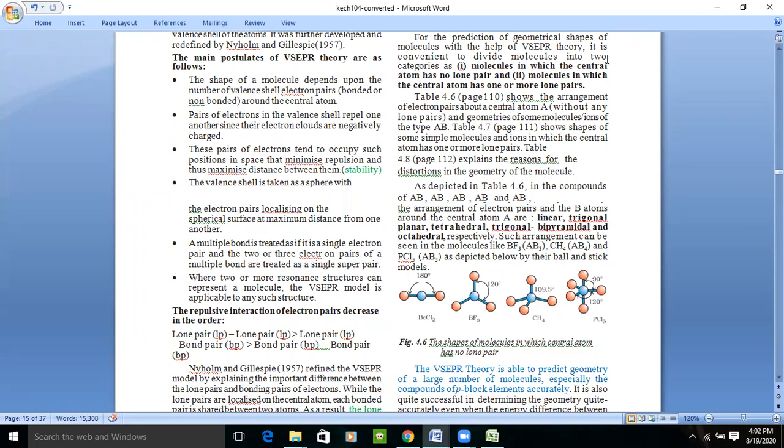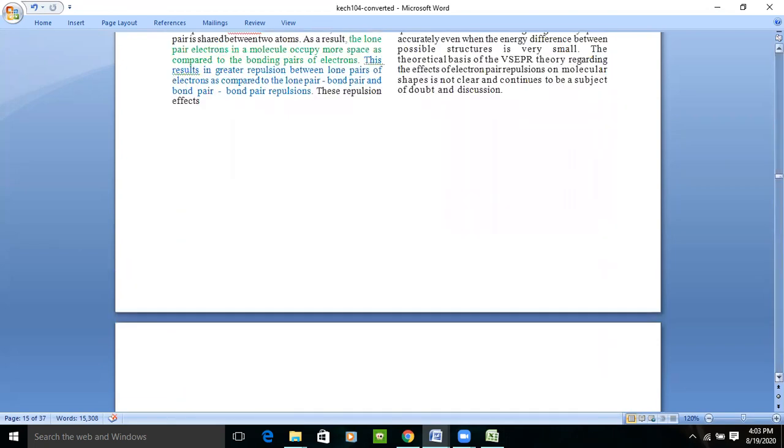Fourth, multiple bonds are treated as if they were a single electron pair, so two or three electron pairs of a multiple bond are treated as a single pair. Regarding repulsion, maximum repulsion is between lone pair and lone pair, less repulsion is between lone pair and bond pair, and minimum repulsion is between bond pair and bond pair, because here the electron clouds are bonded together.